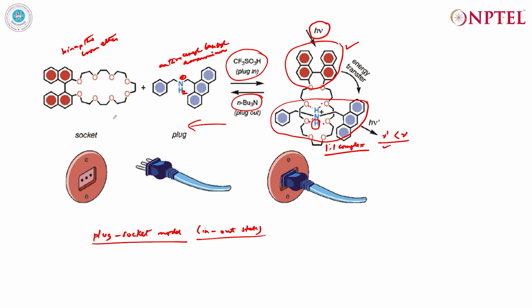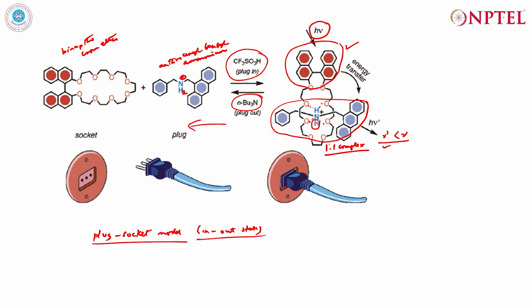So this reversibility can be established by monitoring this de-threading mechanism via a photo-induced energy transfer, where we have the quenching of the binaphthyl fluorescence and the sensitization of the fluorescence of the anthracenyl unit, which is linked to the ammonium ion.